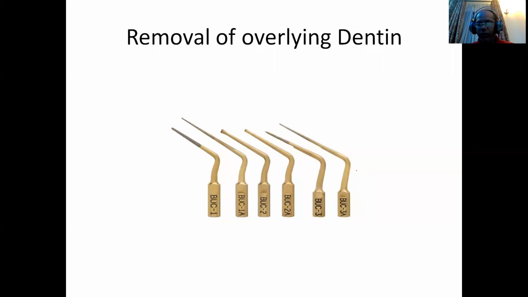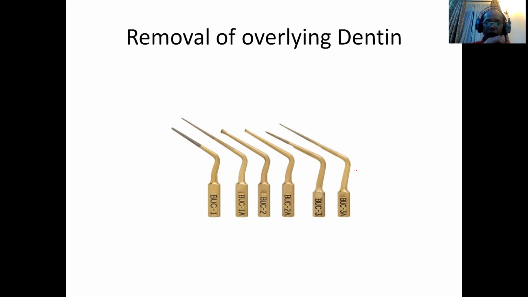It is more mesially present to the main mesiobuccal canal, and you can see there is a depression or groove at the mesial side of the mesiobuccal root. So sometimes the burr can go into that area and may perforate the periodontium, and that is a very damaging effect.